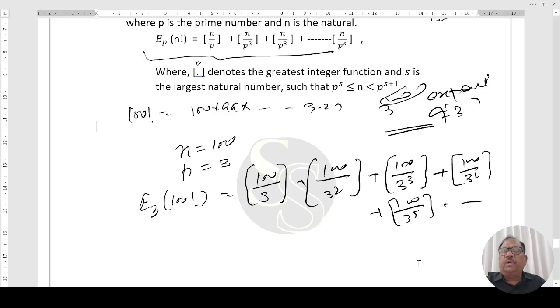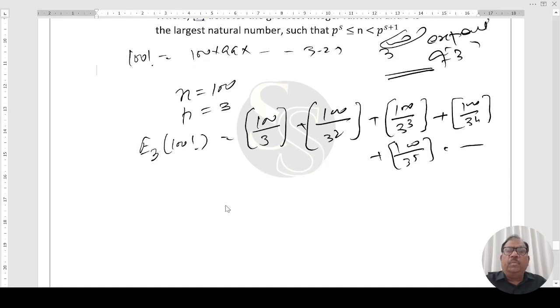You have to find the exponent. What is the meaning of GIF? 3.2, answer is 3. 0.2, answer is 0. 3.9, answer is 3, like this. That will be 33 point something.